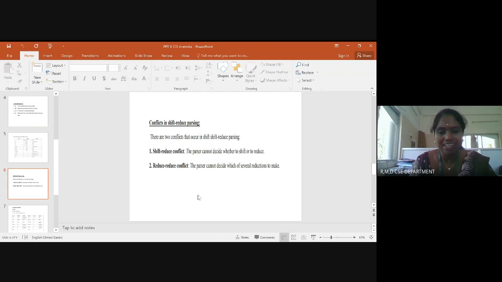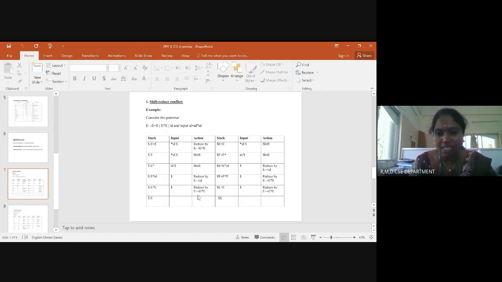For example, for a shift reduce conflict, the confusion occurs because for this particular E, we can apply E plus E or E into E, and we cannot decide whether to shift or to reduce. Since we cannot decide which production to process, that is called a shift reduce conflict.